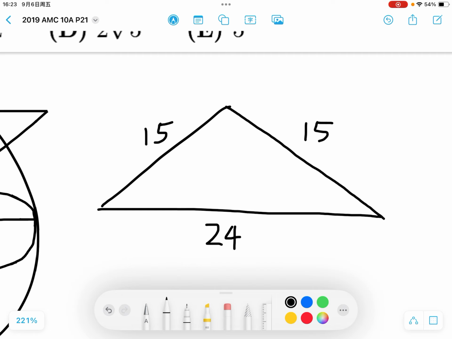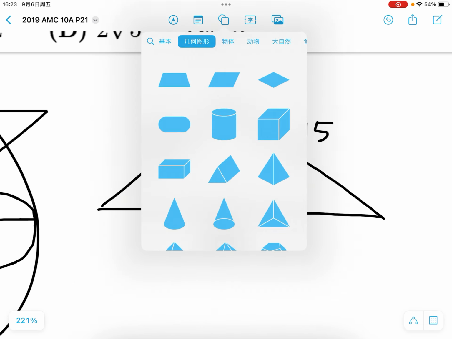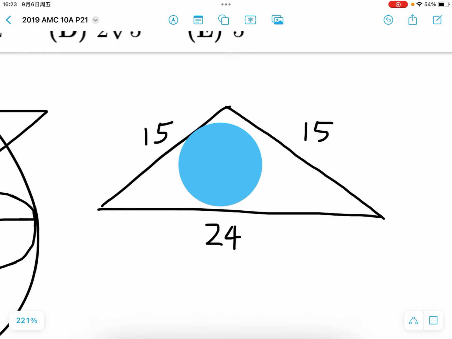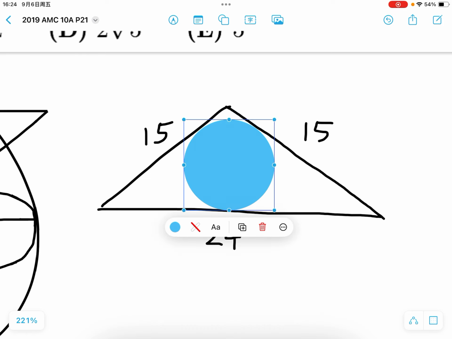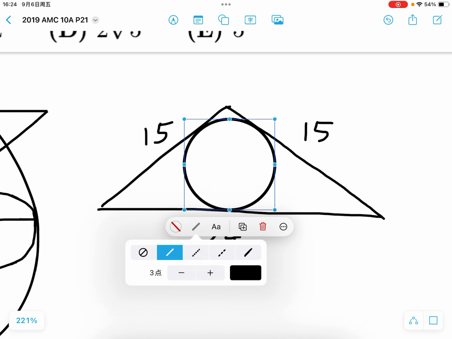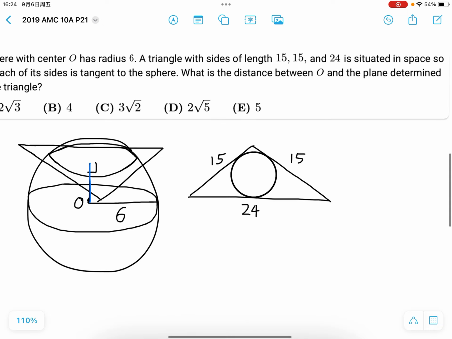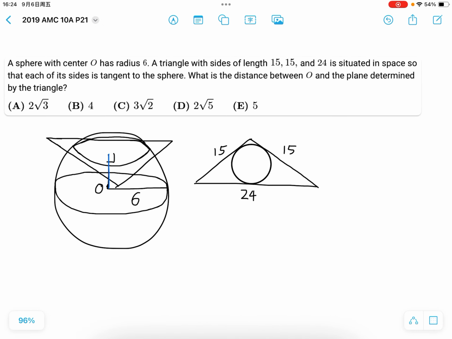And then there's a circle that's inside this triangle. So it's probably like this, and that's the circle.